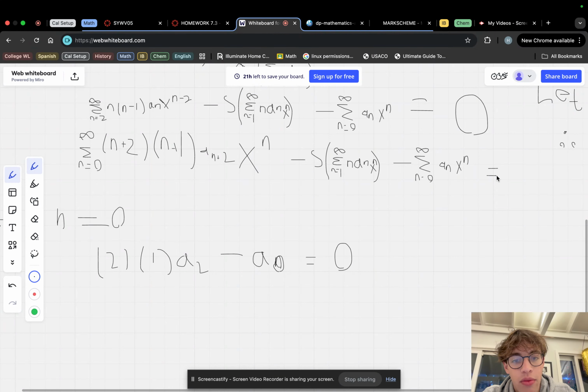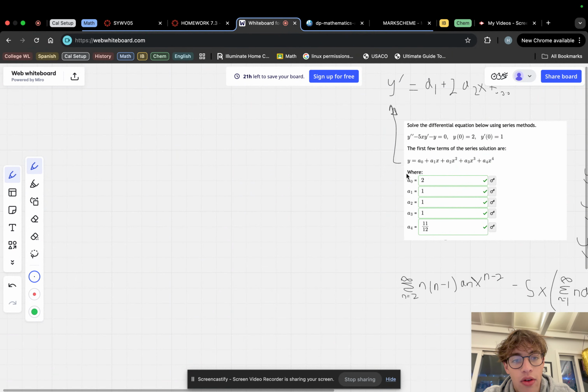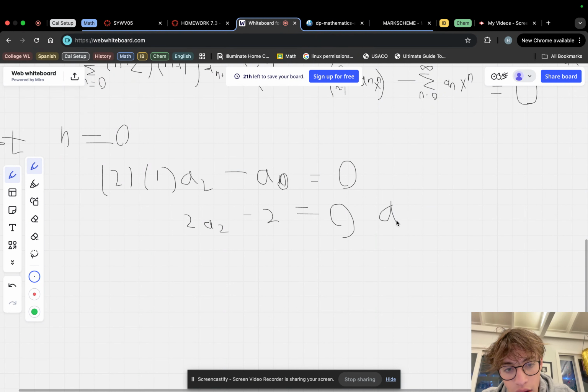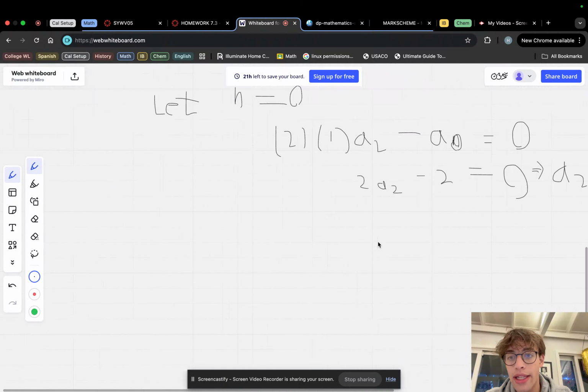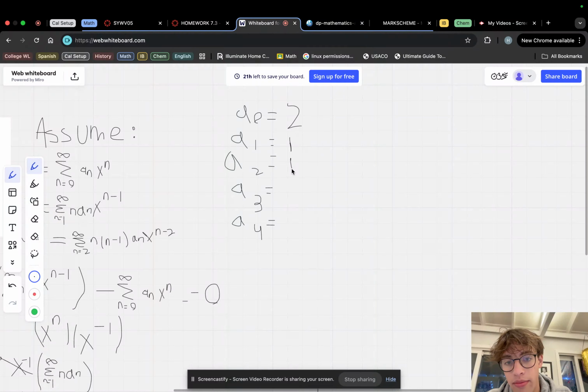This all equals 0, because the question says the whole system equals 0. And we can plug in a0 equals 2. So this is just 2a2 equals 0. So then we know a2 is just positive 1, because we add 2 to both sides and divide by 2. So, boom. Now we can add this to our answers. So a2 is also 1. Okay, now for a3.